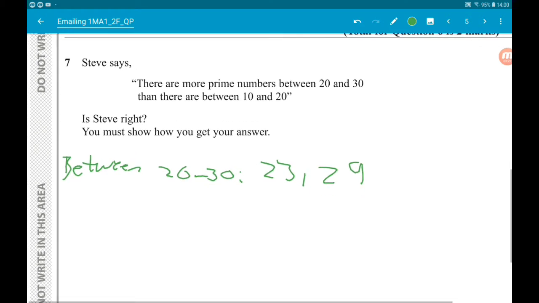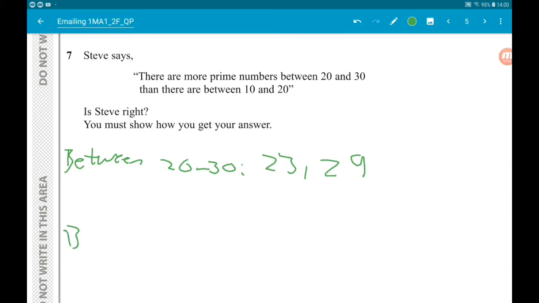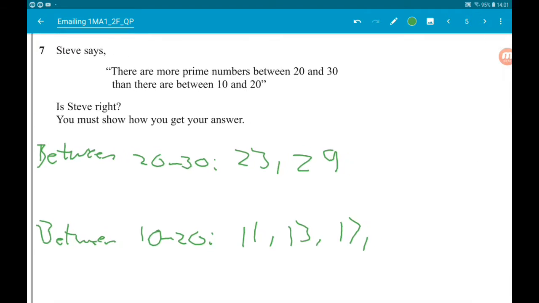And then between 10 and 20, we have 11, 12 even, no. 13, 14 even, no. 15, 3 times 5, no. 16 even, no. 17, yes. 18 even, no. And 19.